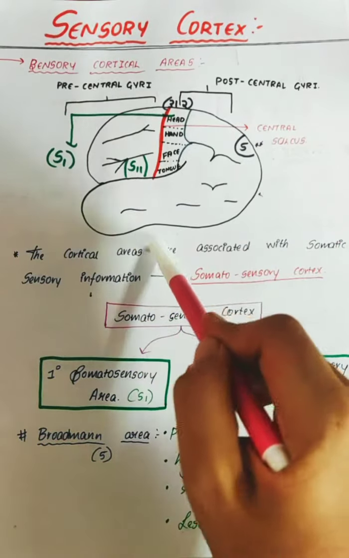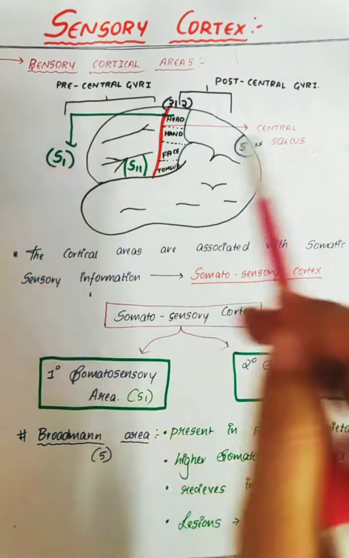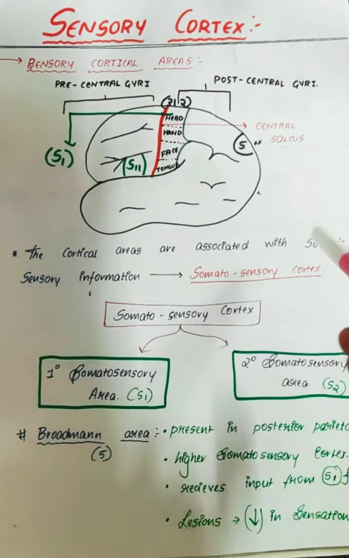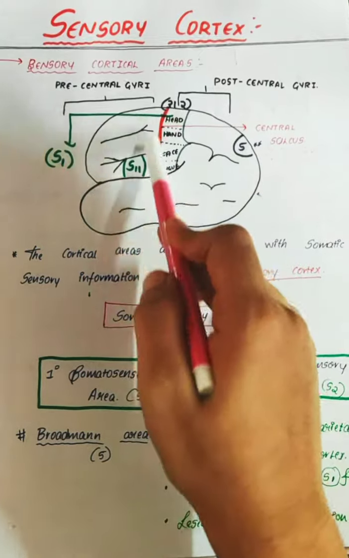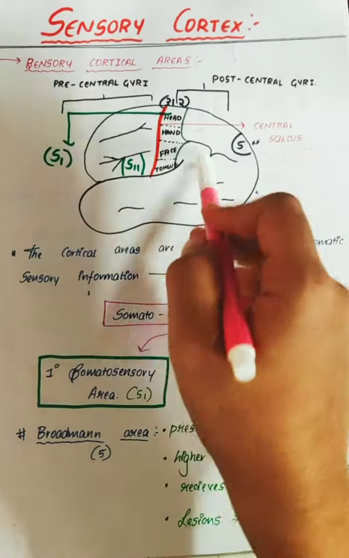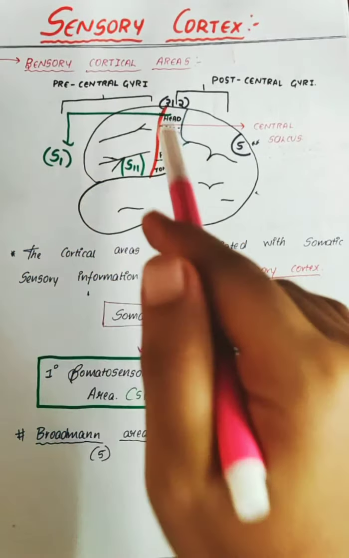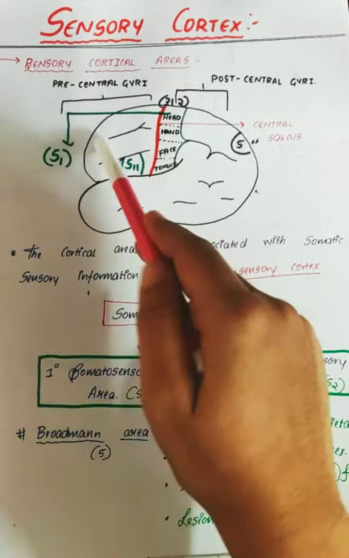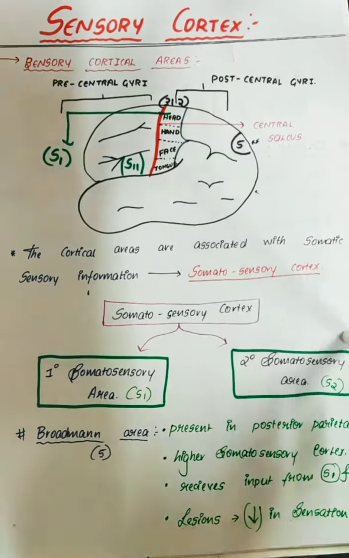So what is this called? Somatosensory cortex. In S1 you can see there are different stimuli, that is in the head, hand, face, tongue. If you get any disturbance or effects in these areas, it will be recognized by the S1 area, that is the primary somatosensory area.